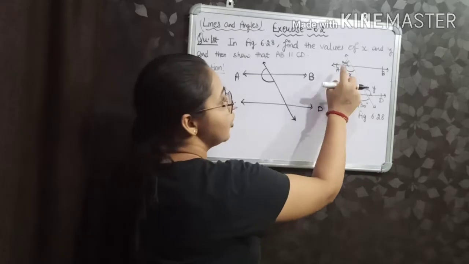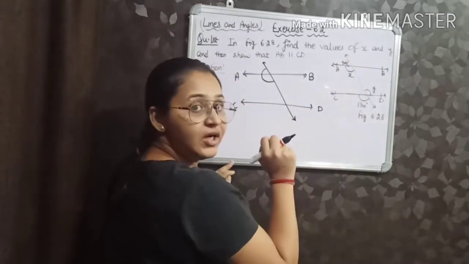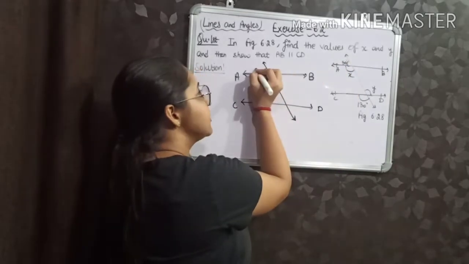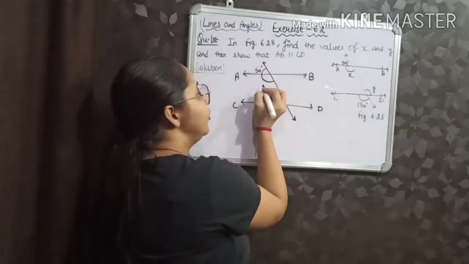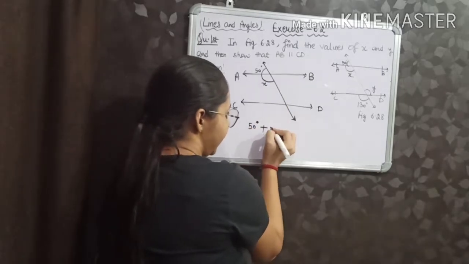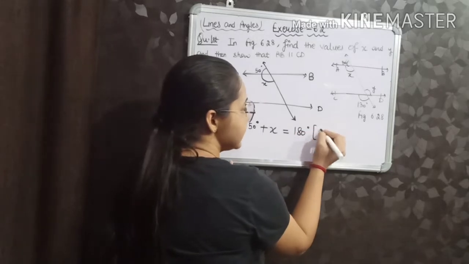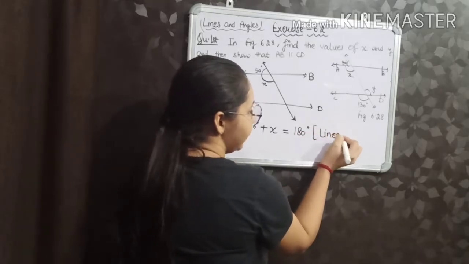So you observe that one angle is given as 50 degrees. Now you know that 50 degrees plus x is equal to 180 degrees, and the reason is linear pair.